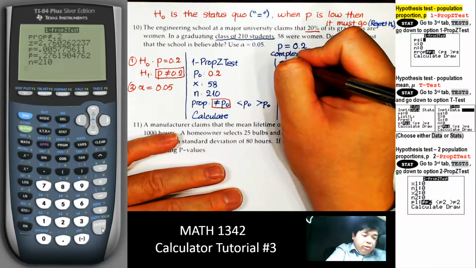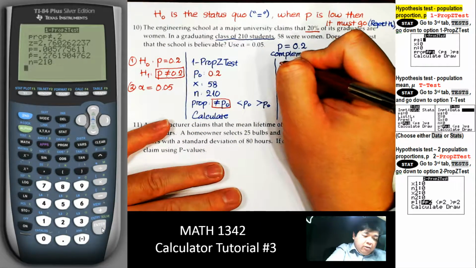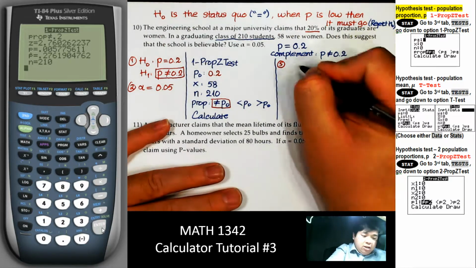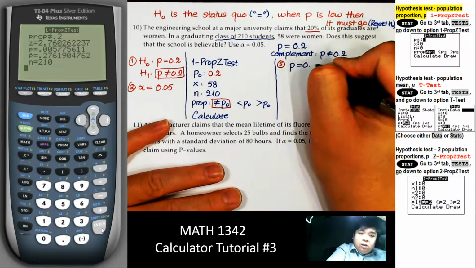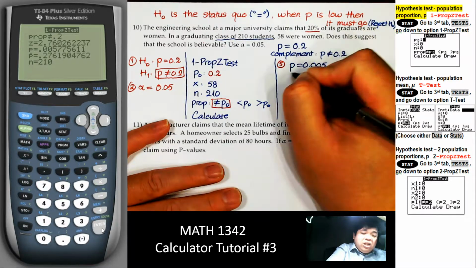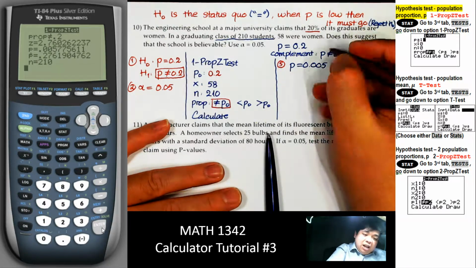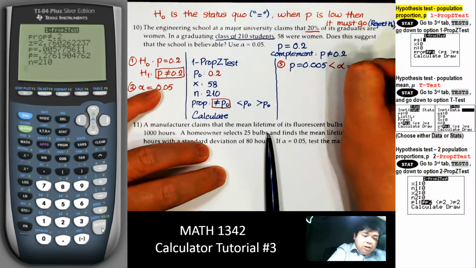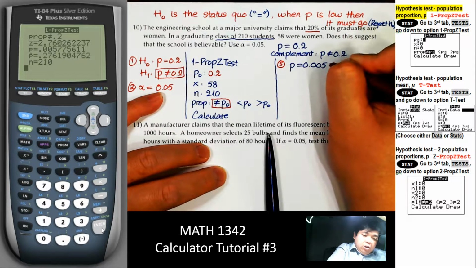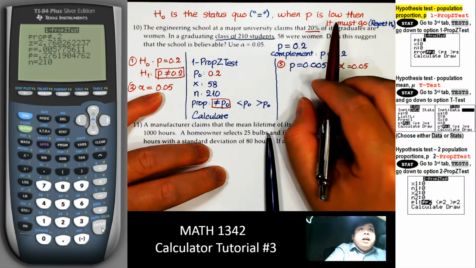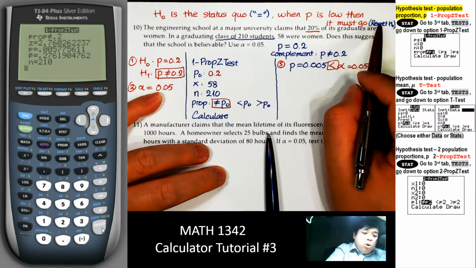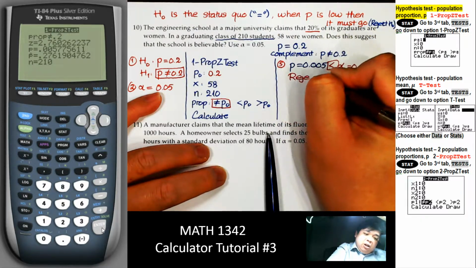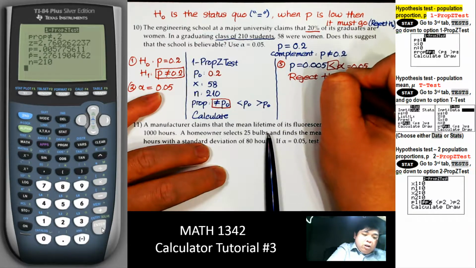This is step 3 and 4. Step number 5, we calculate, we have the p-value, and once again, our p-value is less than alpha of 0.05. So if p is low, then it must go, meaning we'll reject the null hypothesis.